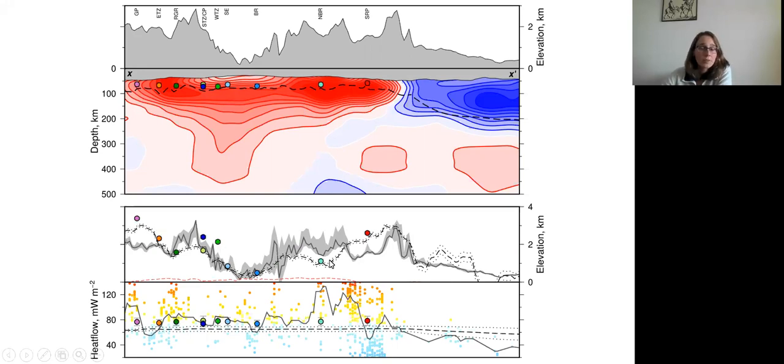But both of these methods give you calculated elevations that match the actual observed elevations surprisingly well. And in the heat flow, we're also in the right sort of ballpark area.